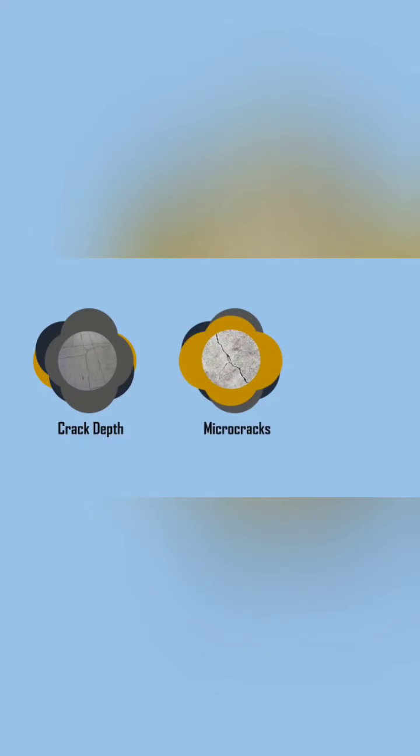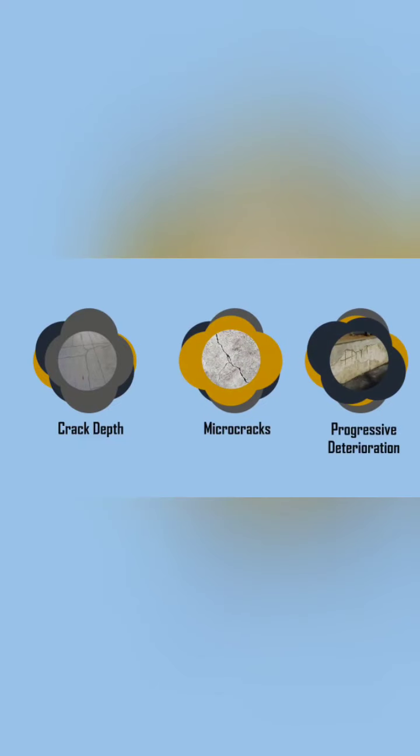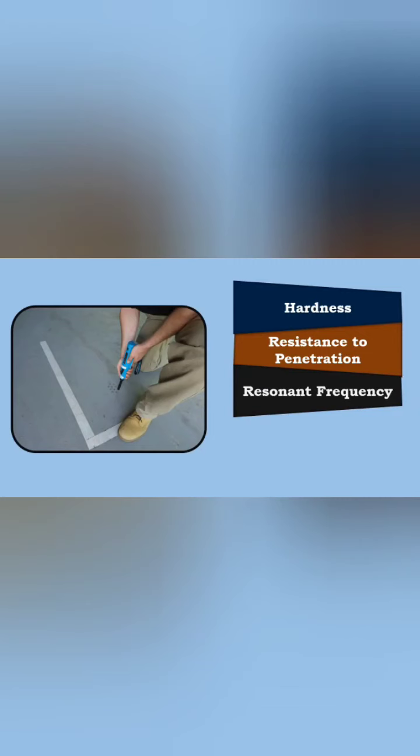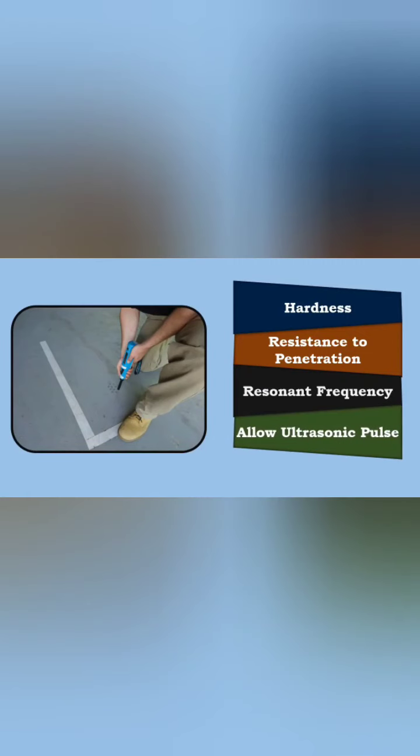NDT also helps in investigating crack depth, micro cracks, and progressive deterioration. NDT methods do not affect the future usefulness of a structure. These methods are used to measure properties of concrete such as hardness, resistance to penetration of projectiles, resonant frequency, and the ability to allow ultrasonic pulse velocity to propagate through it.